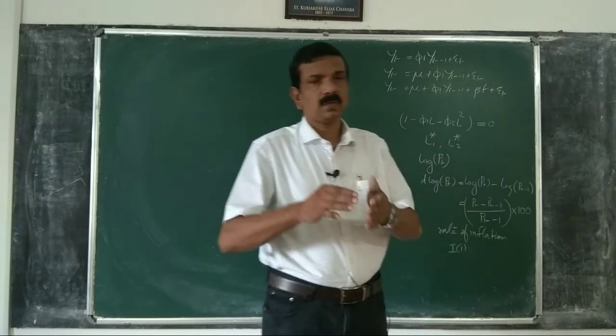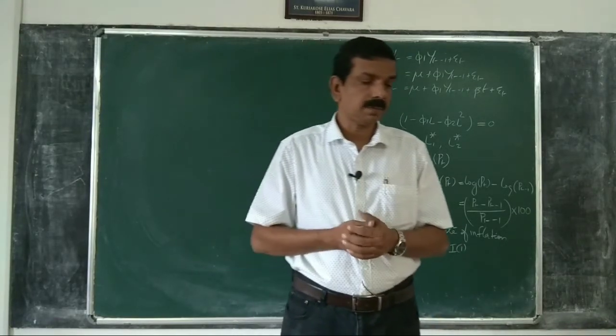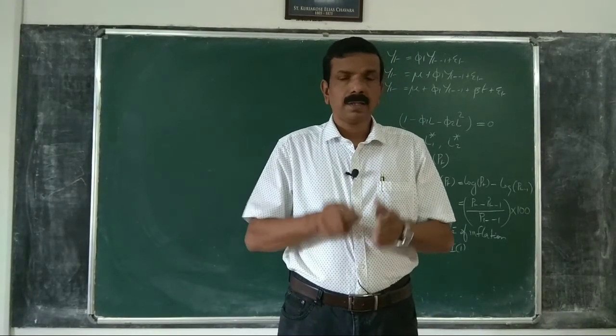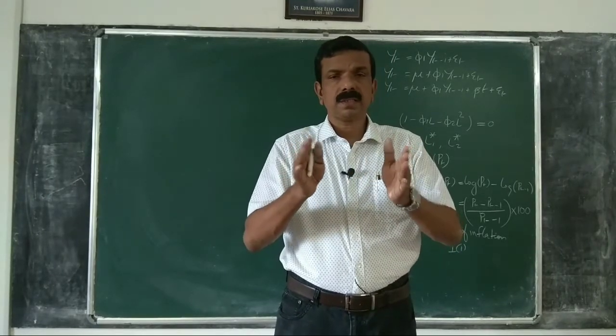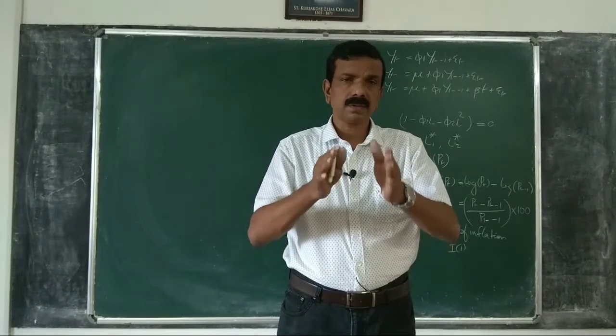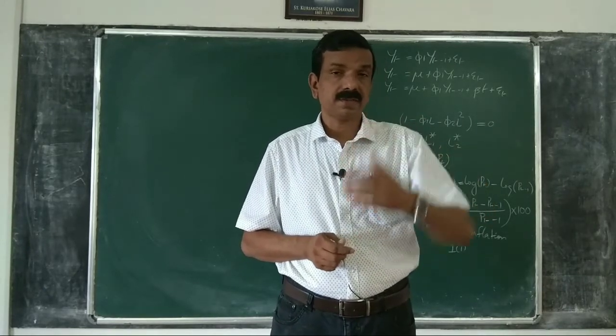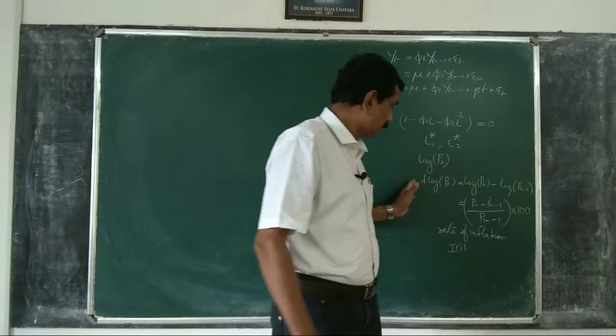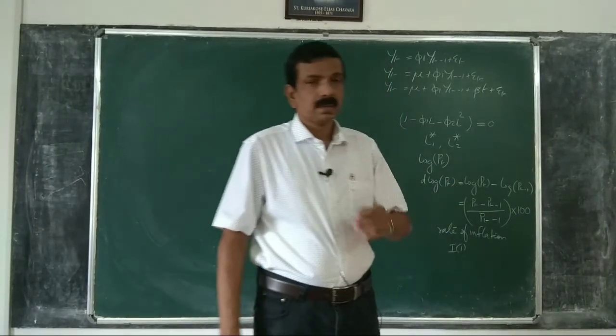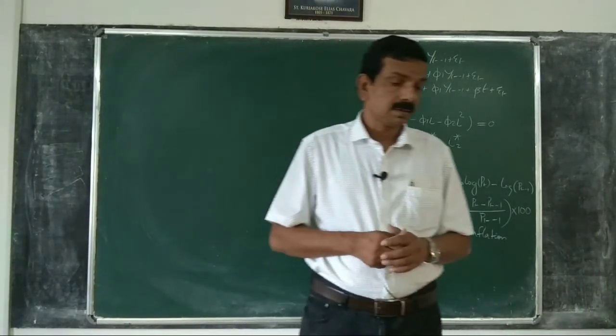Now if this is the pattern, testing for one unit root is not appropriate. And if you mistakenly believe that the process is I1, and if you use the first difference, that is delta log Pt, it will give you misleading results.